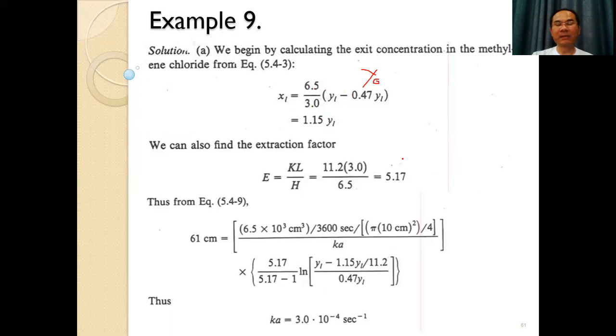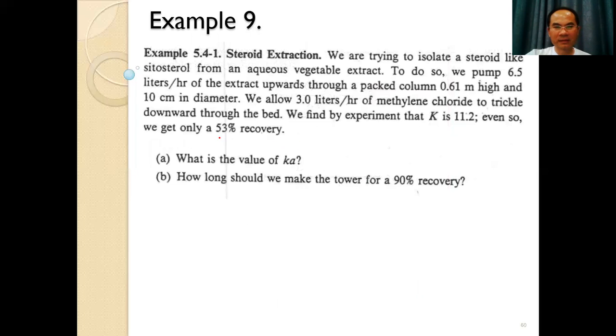For this case, Y0 is the component in the heavy phase in the feed. Y0 for this case is the feed. YL for this case is the output of the heavy phase. The output for this case is 47%. That's right, because we know 53% recovery.